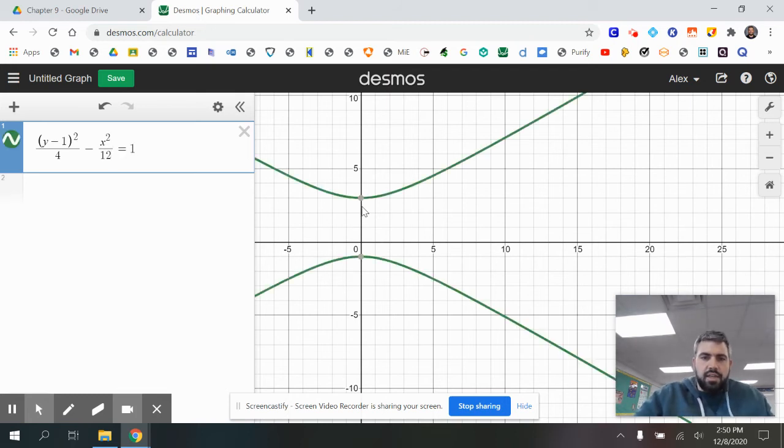And then I graph this and I see that I have endpoints at 0, 3 and 0, -1. Again, it doesn't tell you the foci, but it could be right there at 0, 5 and right there at 0, -3. Okay, so we know we did it right.